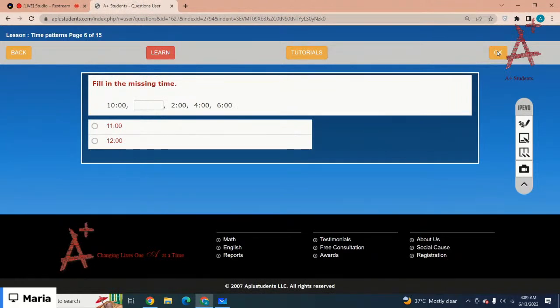Okay, which is the correct option? 10, the missing one, then 2, 4, 6. Every time you go forward by 2 hours.